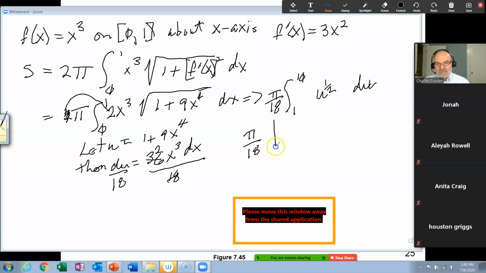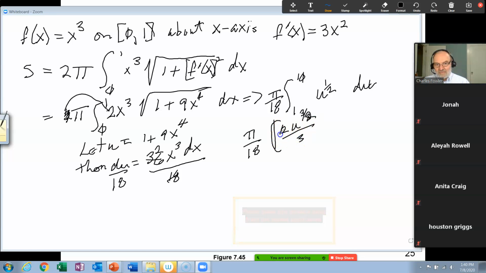And what's the antiderivative of u to the 1/2? Increase it by 1, power rule. That makes it 3 halves, and then multiply by 2/3. Well, the 2 will cancel into 18 9 times. Bring the 3 out, so you get pi over 27. It seems like they like 27ths.